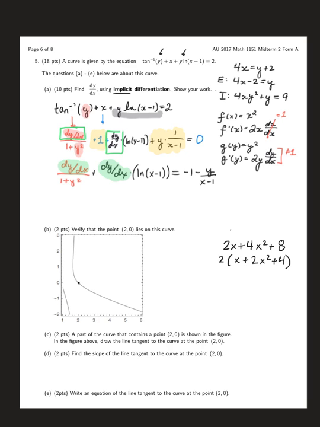I took out the 2 because all of them have a 2 in common. So here I'm going to take out a dy dx. That leaves me with dy dx times the quantity 1 over 1 plus y squared plus the natural log of x minus 1 equals negative 1 minus y over x minus 1.